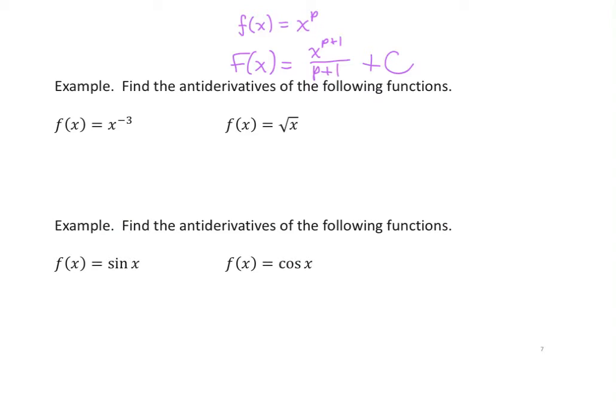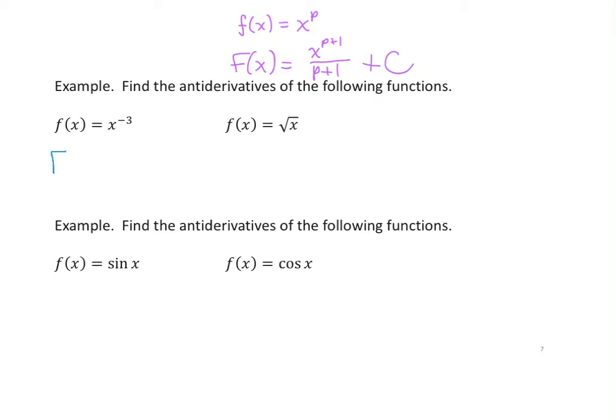It's always important to remember the plus c when you're taking antiderivatives. So let's apply this procedure to find the antiderivative of these functions here. First example, we have f of x equals x to the negative third power.